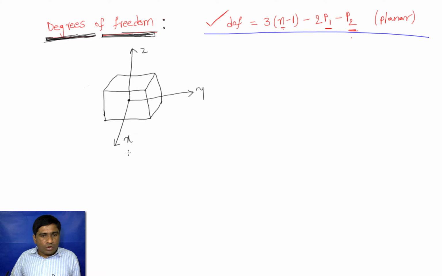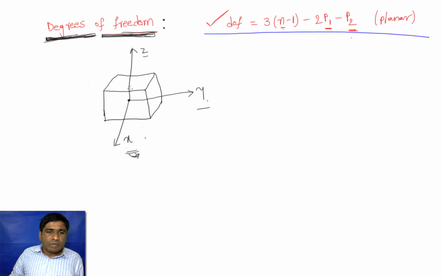We always follow this convention. This is the right-hand thumb rule. For example, my right hand is going from the x to the y axis, and this thumb indicates the z axis. But if you consider x here and y here, then automatically z goes in the downward direction. So we always stick to this right-hand thumb rule.